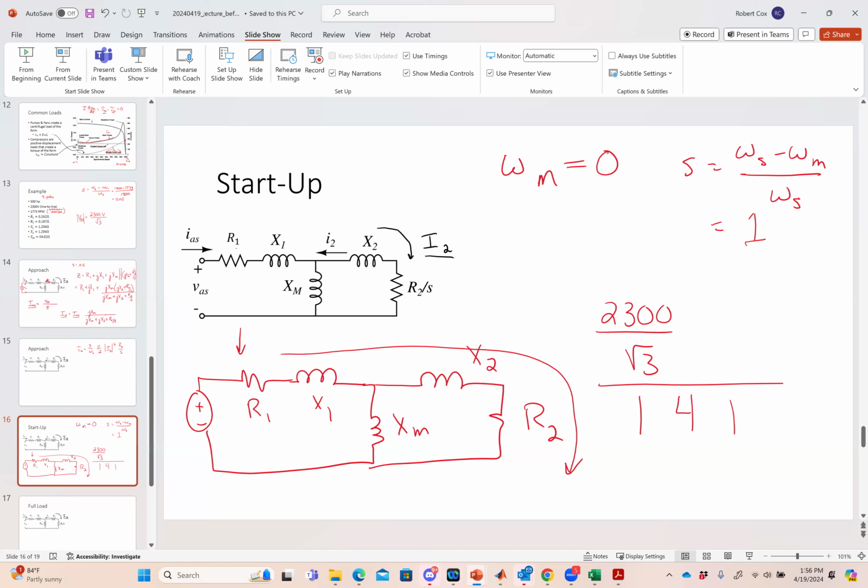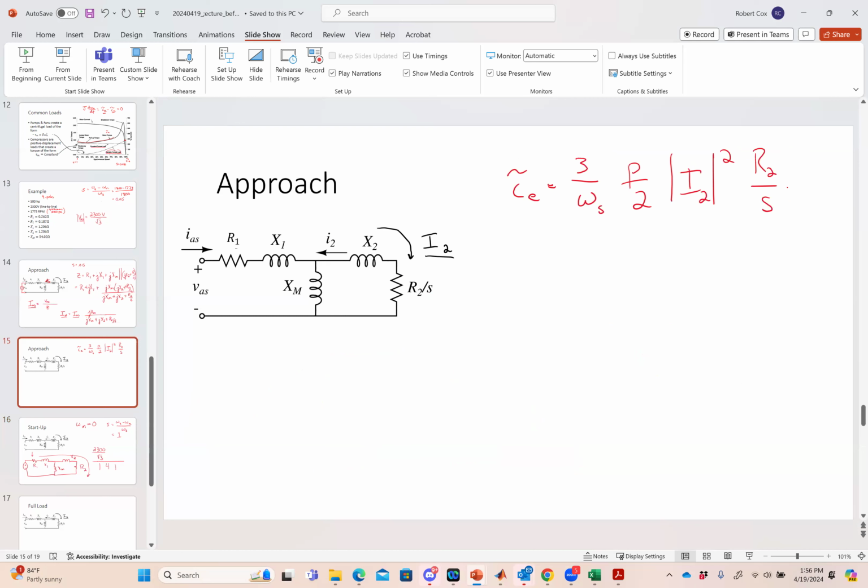What about if I go to synchronous speed? So let's say I'm at synchronous speed. At synchronous speed, what's true about S? S is 0. So in that case, what do I have? I have R1, X1.